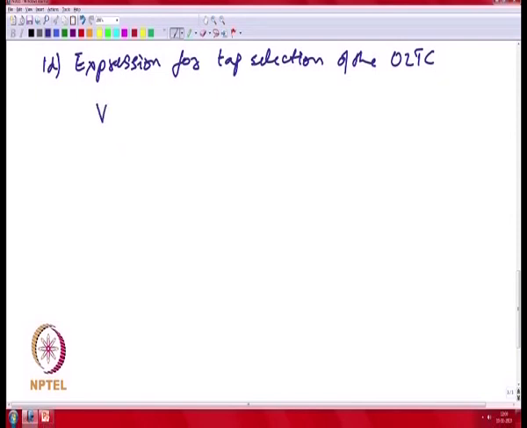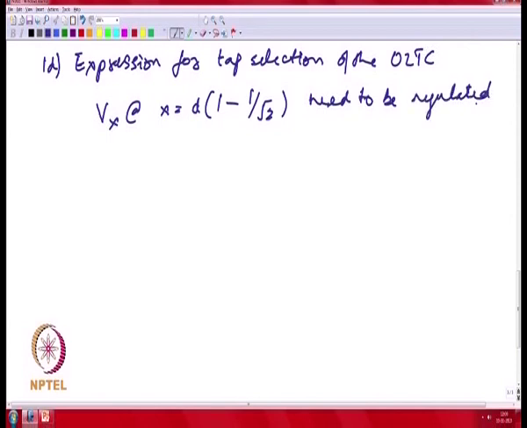So, we want V at x to be equal to 1 per unit, and this is an open loop because you are not explicitly taking measurements from that particular point and using it to control the tap selection.